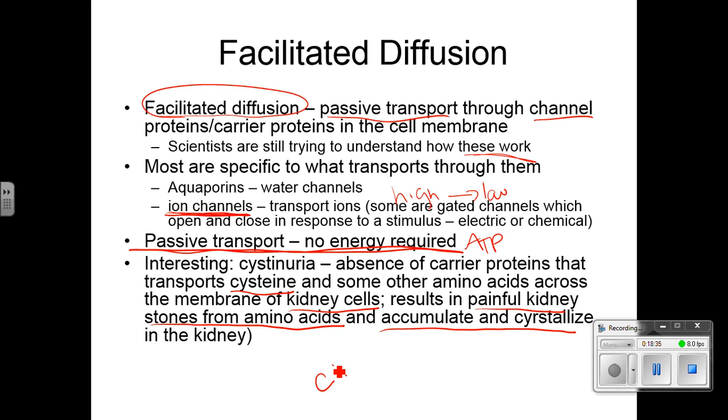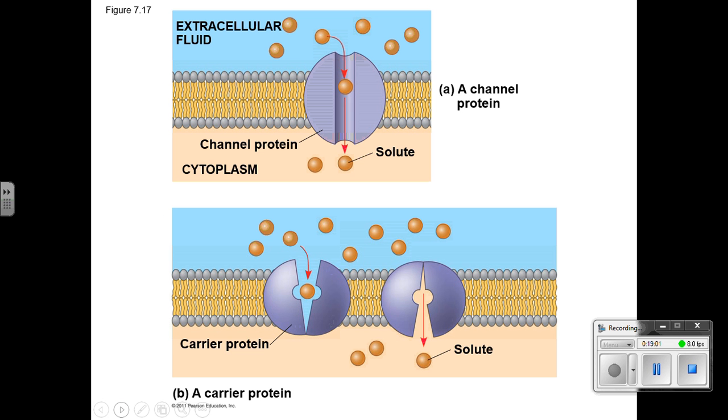Cystic fibrosis is another one where there's a specific protein channel that is not operating. I can't remember the name of it. It doesn't transport chloride ions, I believe it is, efficiently, and so that causes the mucus buildup that is very characteristic of cystic fibrosis, when they have mucus buildup in their lungs and they can't breathe. They have respiratory problems.